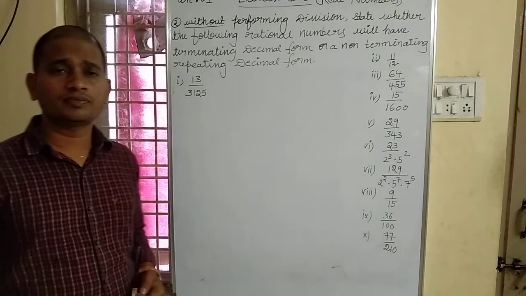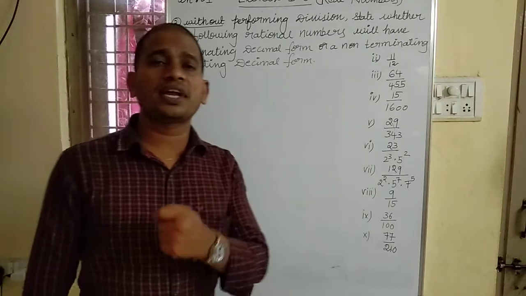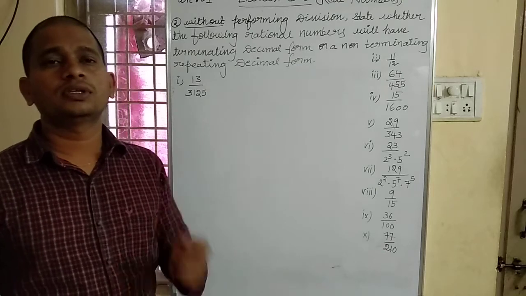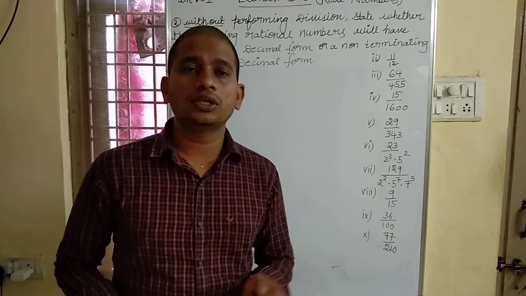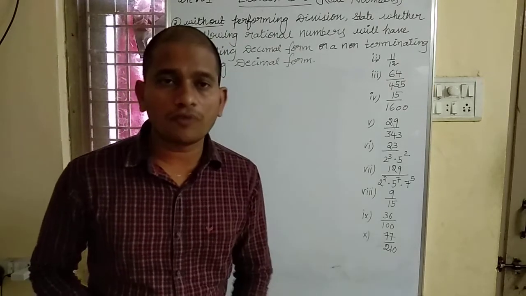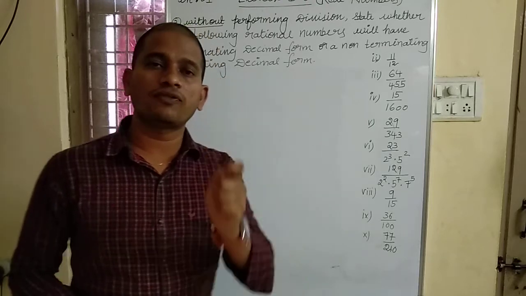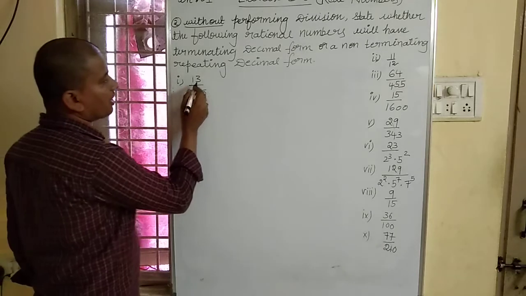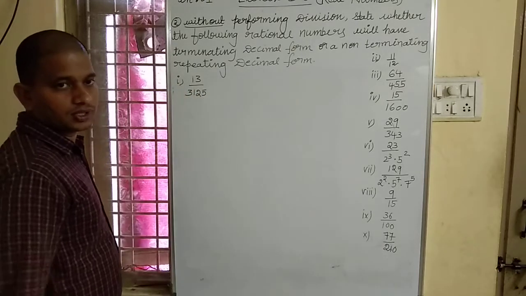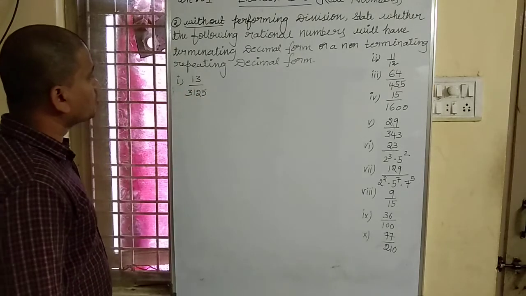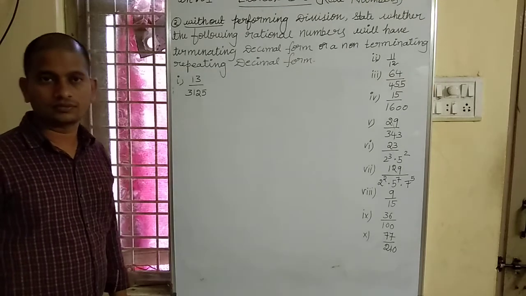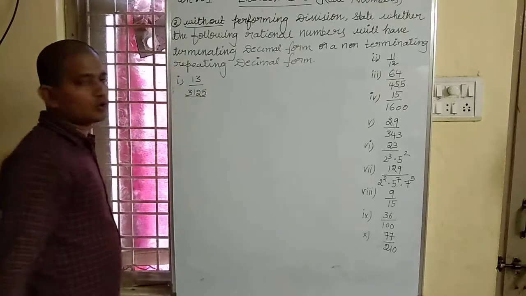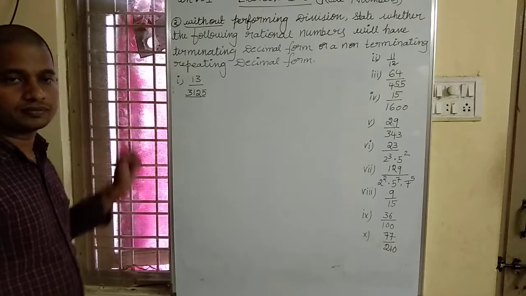As we know, let x be any rational number, then the denominator should be in the form of 2 power n into 5 power m. See here, given 13 by 3125. Here our denominator is 3125.